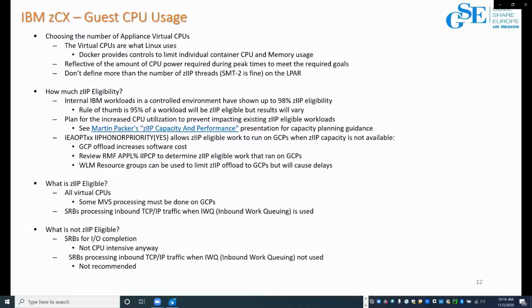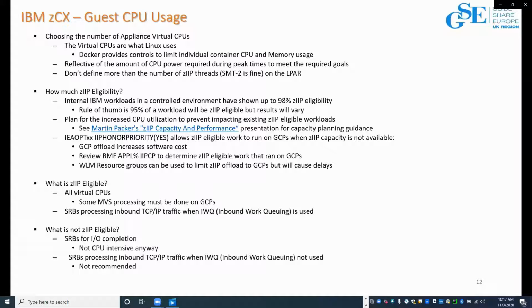That's considered low latency work because it's critical and important. So you have to make sure you have enough capacity. I'm going to recommend taking a look at Martin Packer's zIP capacity and performance presentation that he put out a couple months ago. A team of experts, including myself, looked at that presentation to make sure it was current and provide some good guidance. You could do a web search on him. Also, see the URLs in the notes section of the presentation.